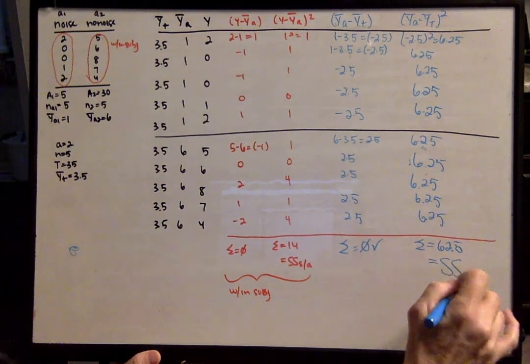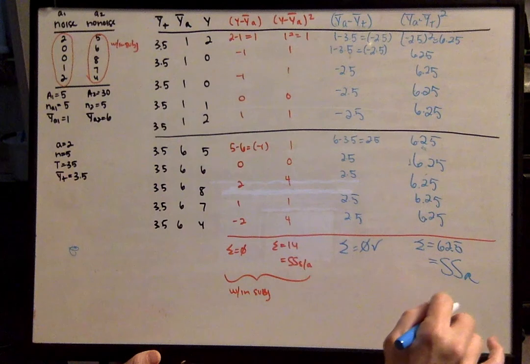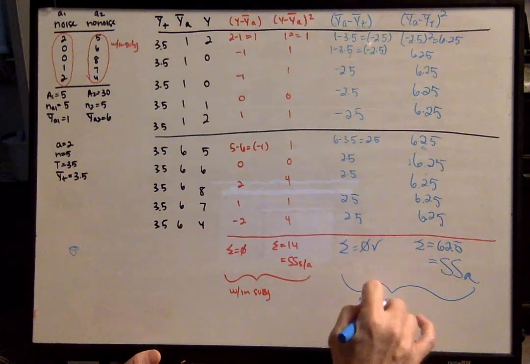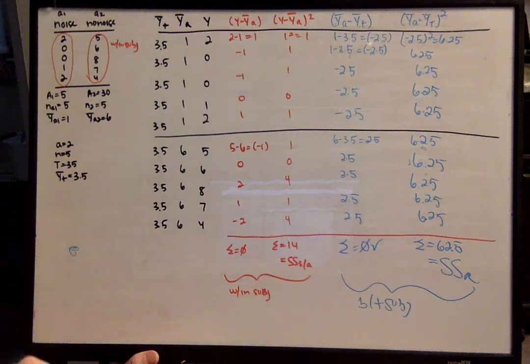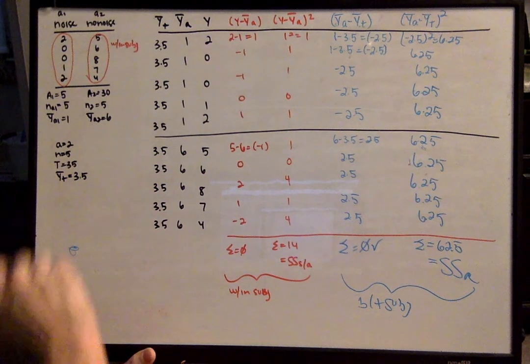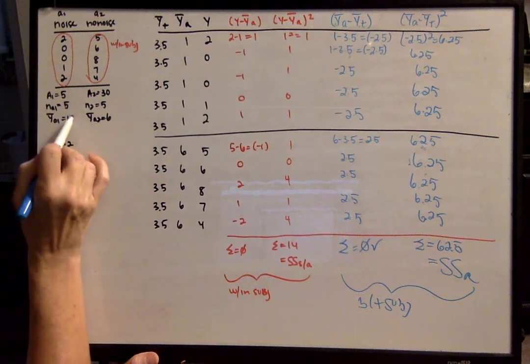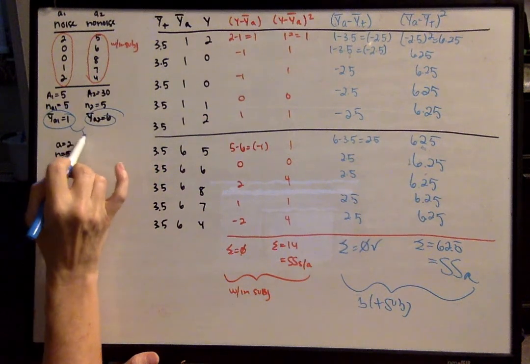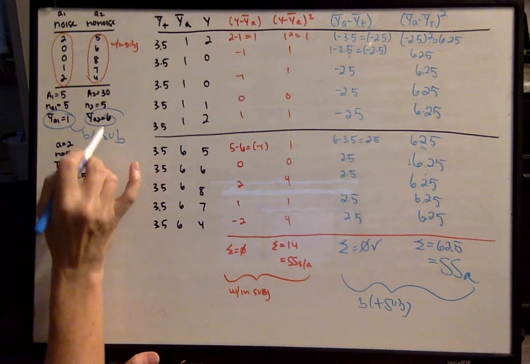And the name for this is sum of squares A. And this is our between subjects sum of squares. So thinking about how I defined between subjects, this is looking at how the mean of this group compares to the mean of this group.